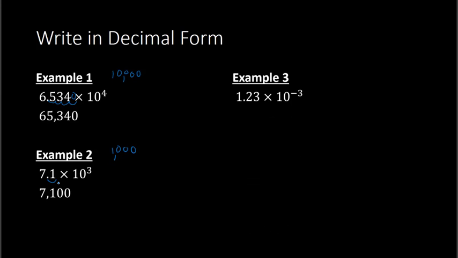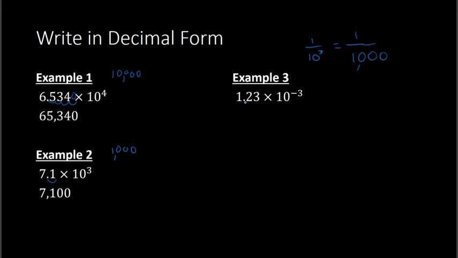Number 3, we have 1.23 times 10 to the negative third power. So you're multiplying by 10 to the negative third, which is the same thing as 1 over 10 to the positive third, which is going to be 1 over a 1 with 3 zeros. So you're multiplying 1.23 times this fraction. So that means my number is going to be getting smaller.